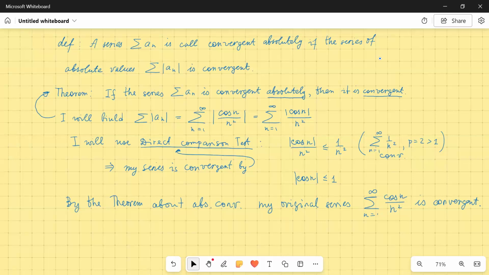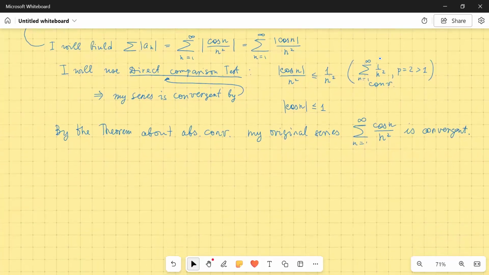Now the question is, if we do have absolute convergence, is it actually equal to just convergence? If something is convergent, is it going to be convergent absolutely automatically? And to show this, I'm going to consider an example. Example number 2. Let's consider the alternating harmonic series.